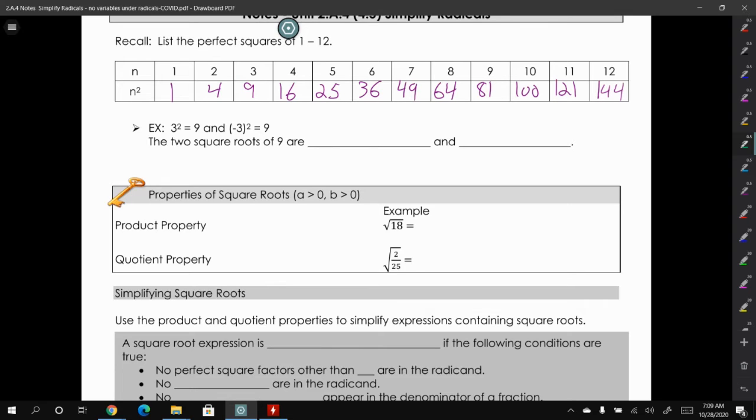Negative 3 to the second power is also 9. Negative 3 times negative 3 would be positive 9. So we would say that the two square roots of 9 are 3 and negative 3, because when we square both of those values, we get 9.